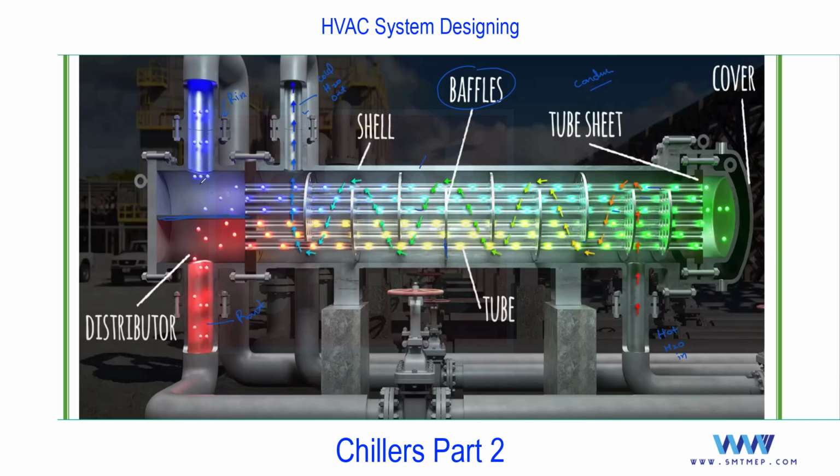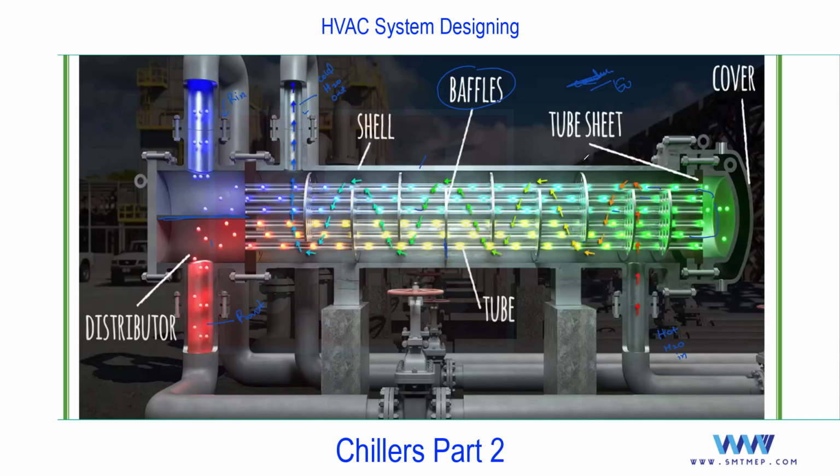The chilled refrigerant will enter these tubes, and you see here it may return and come out as hot refrigerant. So this refrigerant is used to extract the heat from the water. So we can call this a heat exchanger, and in this case it is an evaporator, because it is used to cool the water. Simple process.